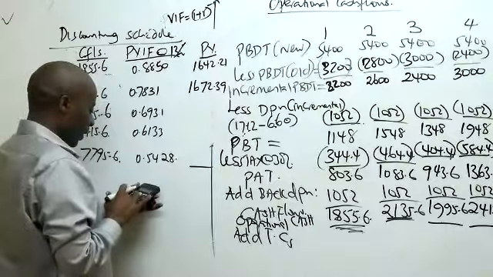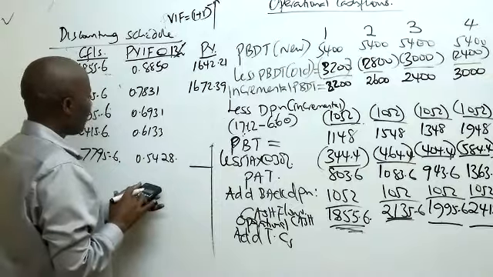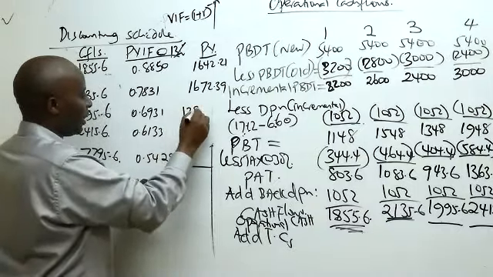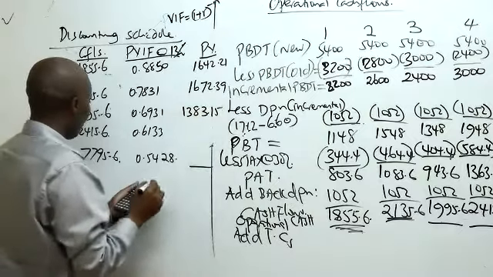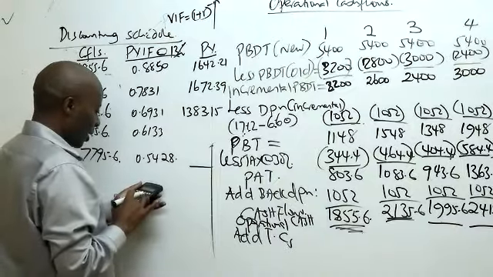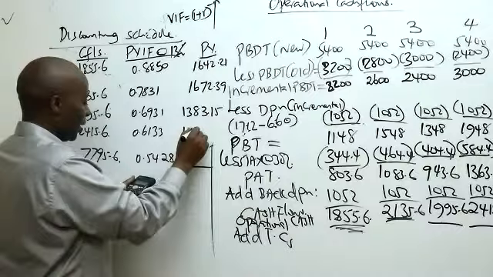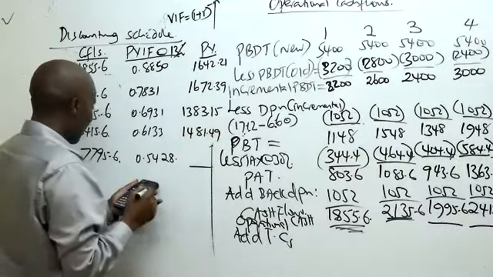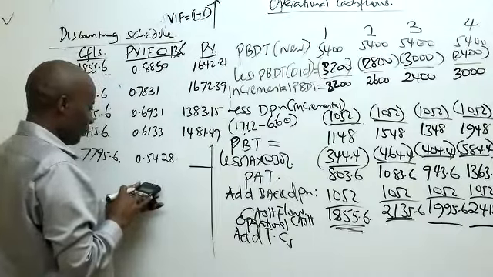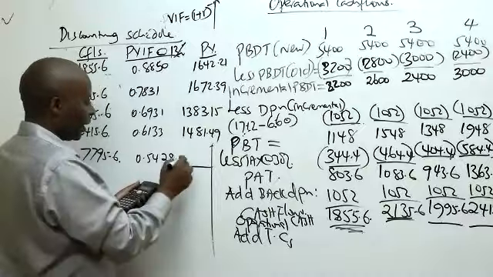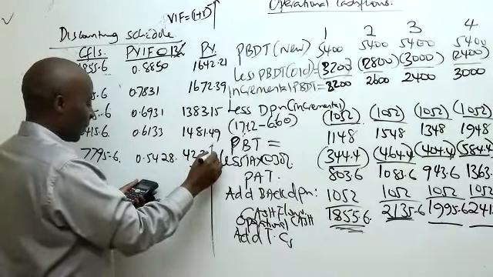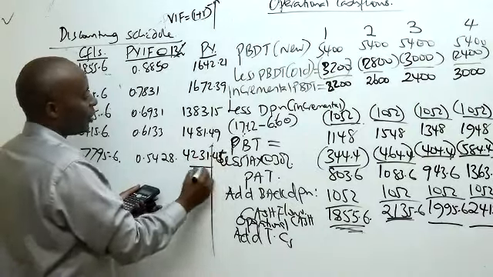Then 1995.6 times 0.6931 gives us 1383.15. 2415.6 times 0.6133 gives me 1481.49. Lastly, 7795.6 times 0.5428 gives us 4231.45.